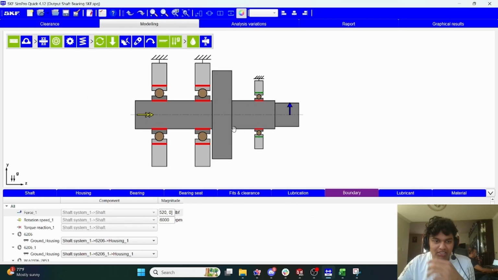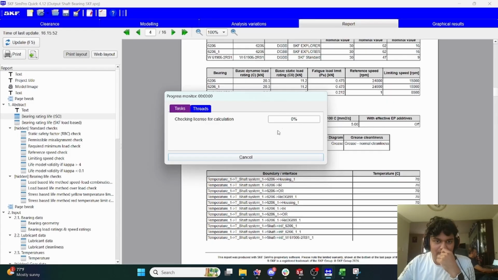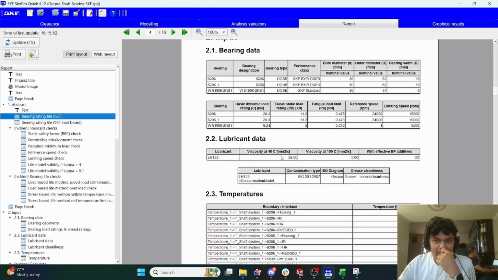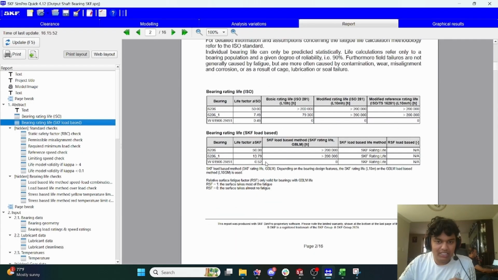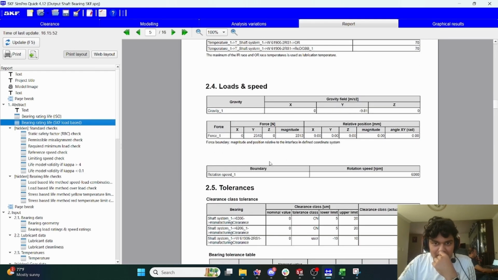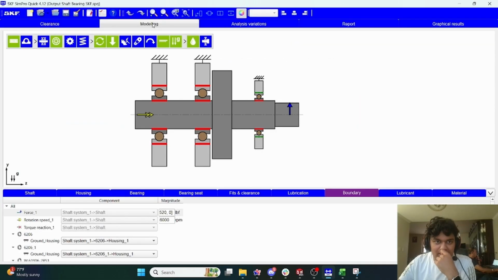I ran the sim, and I'm just going to cancel this because I already ran it, and this tells me the amount of load. You can ignore the rating life over here because it's very, very conservative. Did I change the load? Let's see, 2,300, I did.